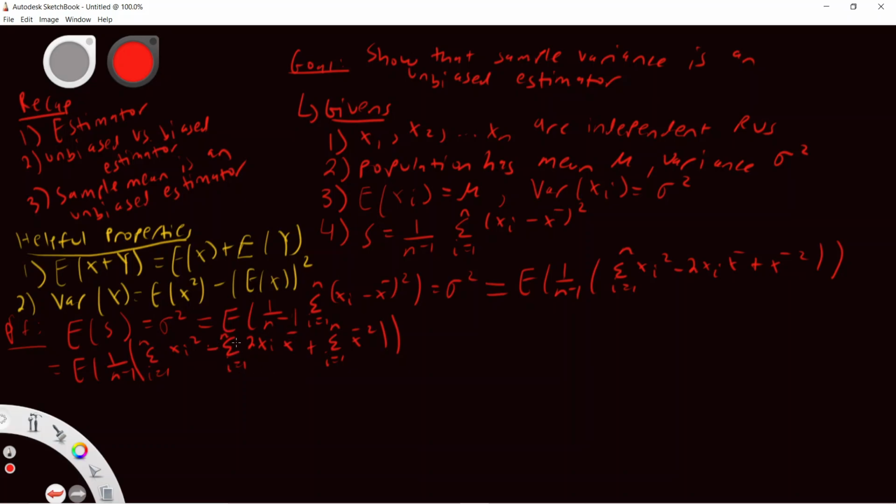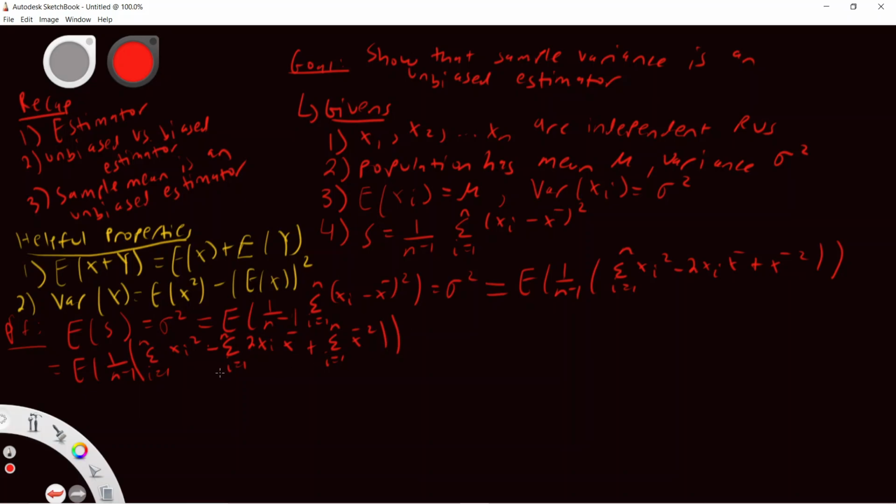Likewise, in this middle term, we see that the 2 and the x bar are constants, so we can pull them out of the summation because they don't depend on the index i. Unfortunately, we can't really do anything with the x sub i squared term, as x sub i depends on the index, but we're going to get to this later. There's a special way we need to handle that.